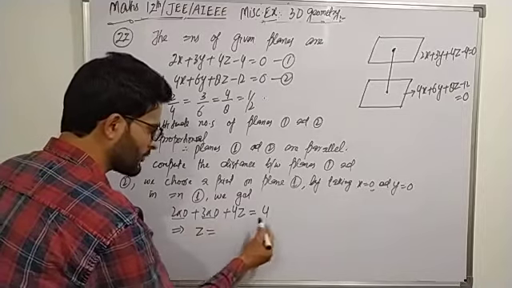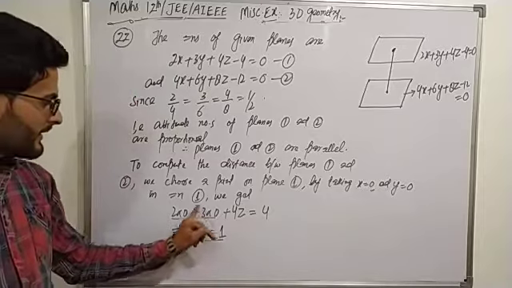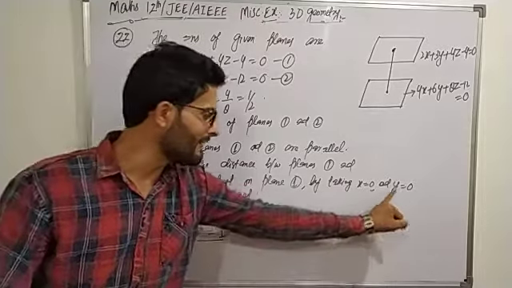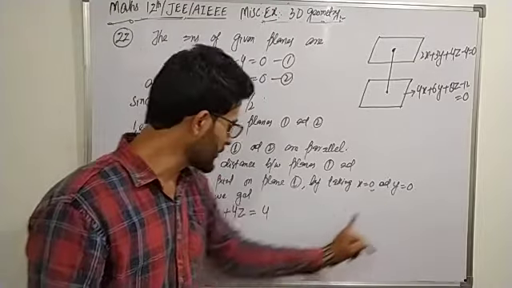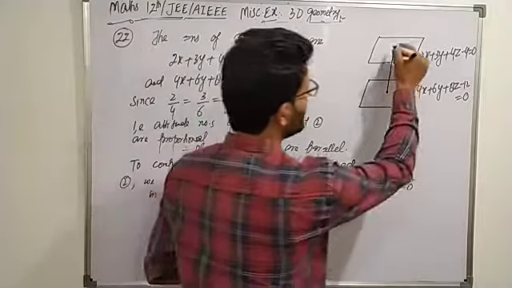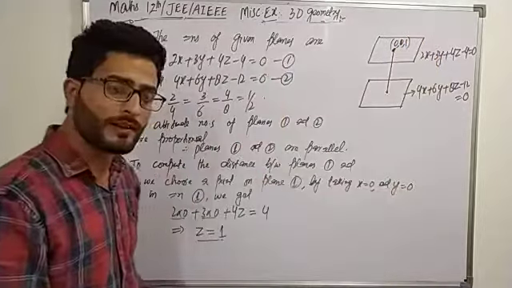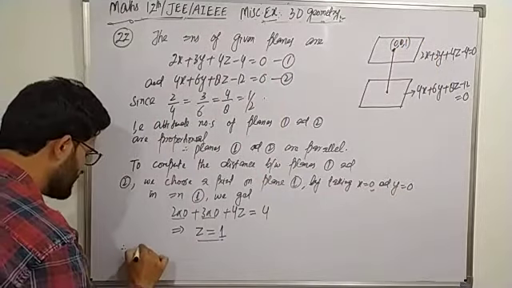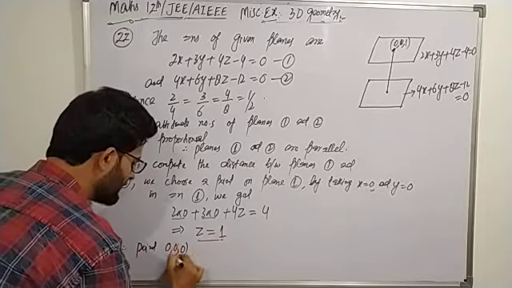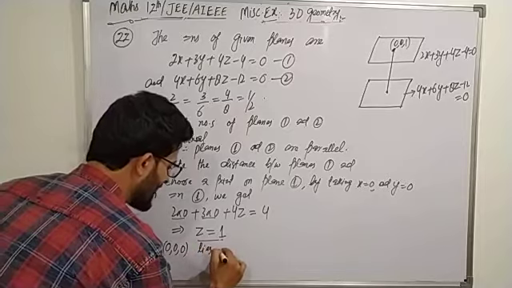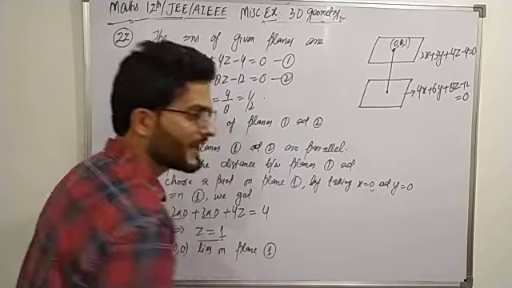So z must be equal to 4 by 4 means z must be equal to 1. तो x का वैल्यू 0, y का वैल्यू 0, तो z का वैल्यू क्या आ रहा है? 1, means point 0, 0, 1 definitely should lie on plane first. So therefore point 0, 0, 1 lies on plane first. ये plane first पे lie करेगा.